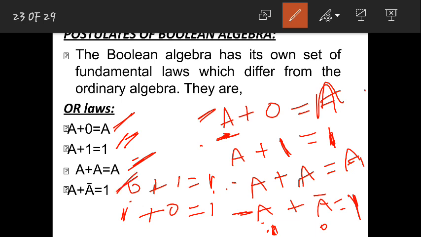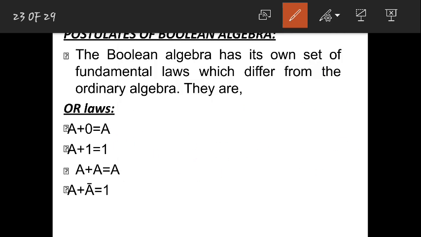So this is another law, and all this solving I have done to prove these laws, whether they are correct or not. No need to just memorize that. If you try to solve and if you know the logic of how those gates work, you can easily remember these laws. So by this I have proved all these 4 laws.